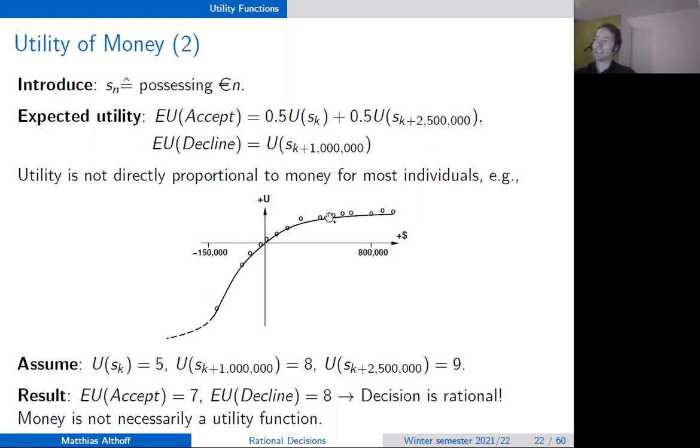For those who say, okay, I'm good enough with 1 million euros, this is a personal curve, and that's why everybody essentially was right in the last survey. It's just personal preference. But what we learned from this is that money, although we do a lot of things with money, money itself is not usually a utility. There might be some special cases where this is true, but in general, this doesn't hold.